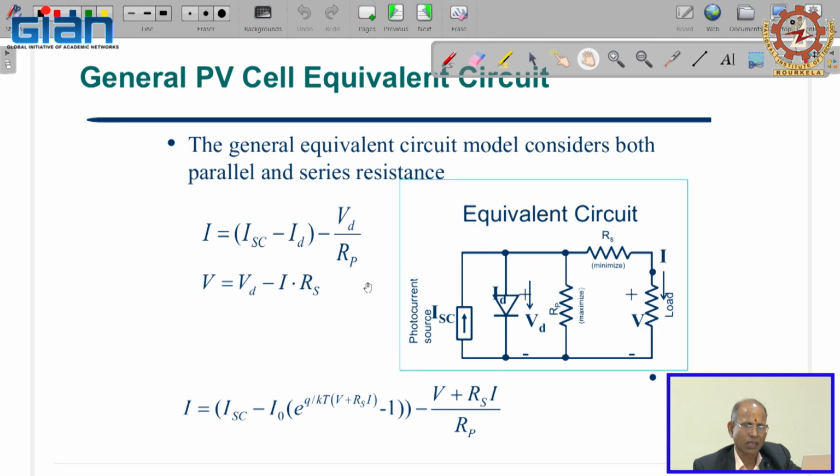That is the current in the circuit. And the voltage V will be the voltage VD minus I into RS, the voltage drop across the series resistance. This is the simplest circuit to analyze.